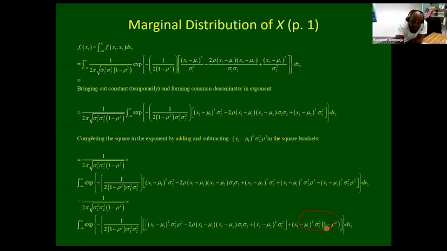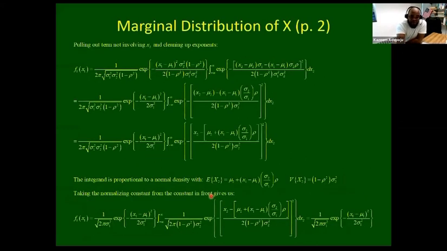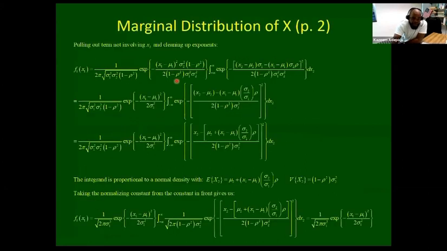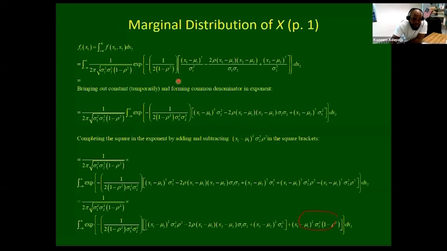Now, the next thing is to simplify further. If you take a look at this, it's what we still have, right? Now, because I'm integrating with respect to x2, is there a way I can figure out a constant term that doesn't depend on x2?